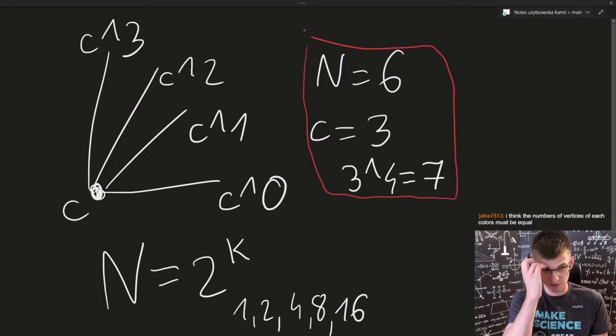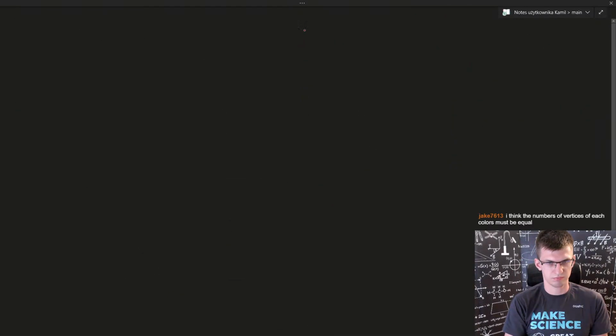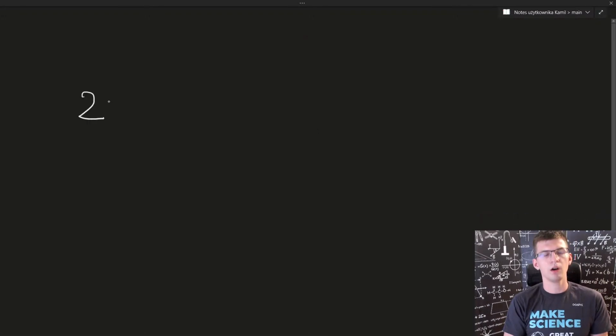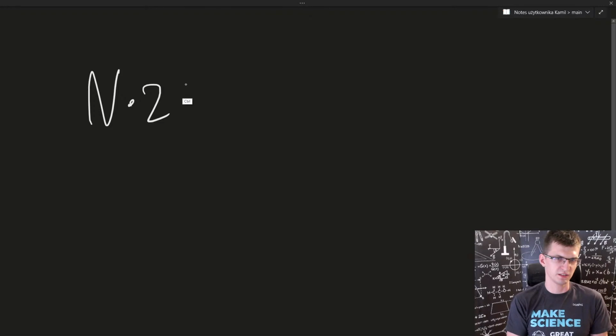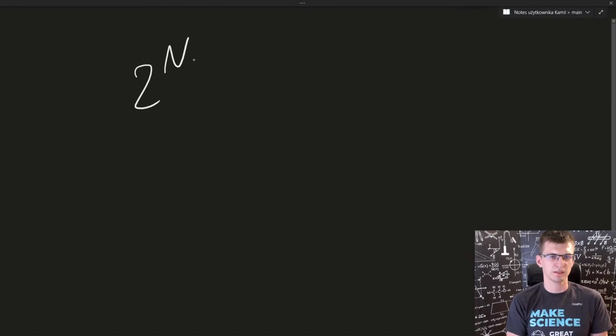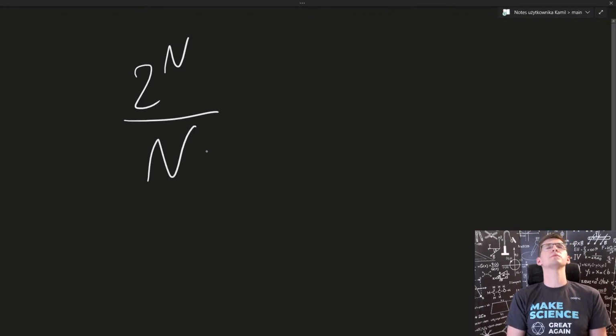Number of vertices of each color must be equal. Right, but... Oh, the number of vertices, I thought that this is the number of the vertices and this must be divisible by n, which it is. But we just want this to be divisible by n. So n must be a power of 2. That was so easy.